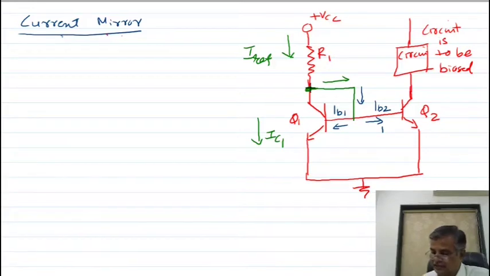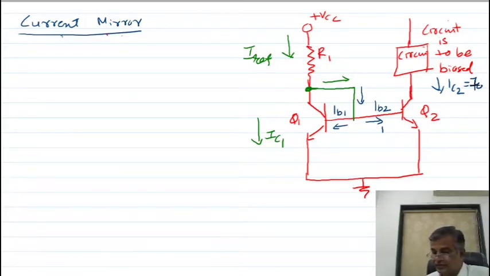So you can get the idea: I reference is equal to IC1 plus IB1 and IB2. The current passing through this transistor is IC2, which I am writing as IO.